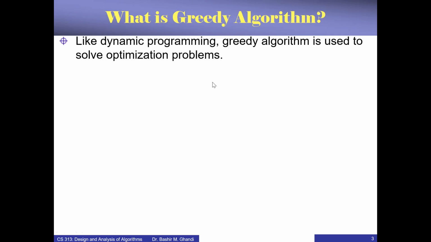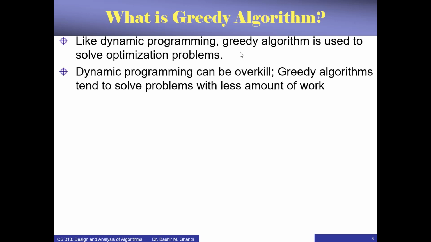Okay, like dynamic programming, a greedy algorithm again is used to solve optimization problems that require finding either a maximum or a minimum. Okay, so they are very similar in that respect. The idea here is that dynamic programming can be an overkill sometimes.